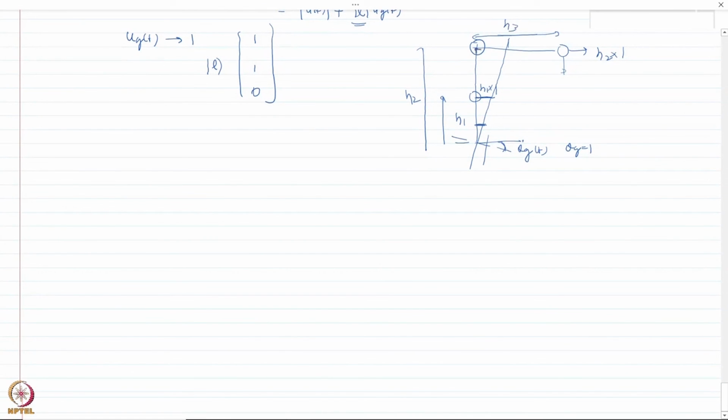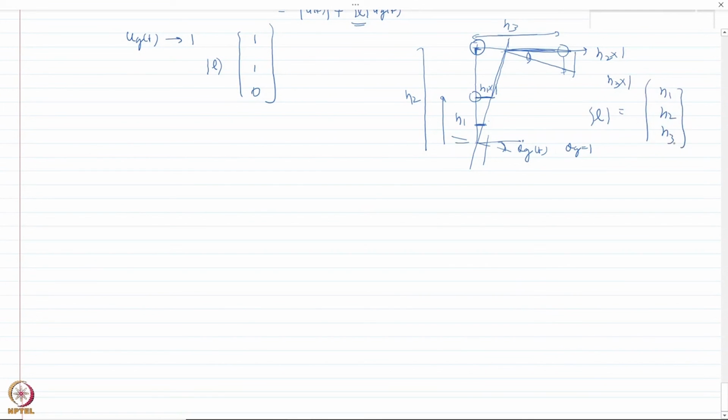If this connection is rigid and it rotates by theta, this would also rotate by theta, and it would come down by the length times this angle. So that would be h3 times 1. So the influence vector here would be h1, h2 and h3.